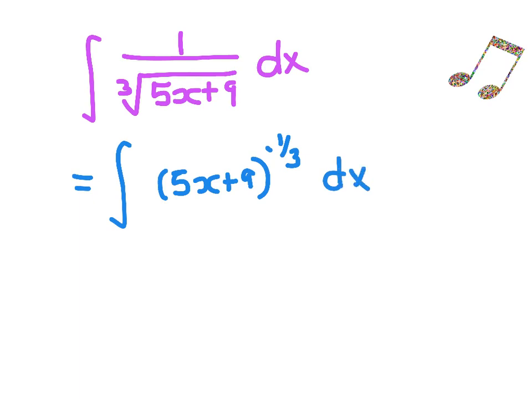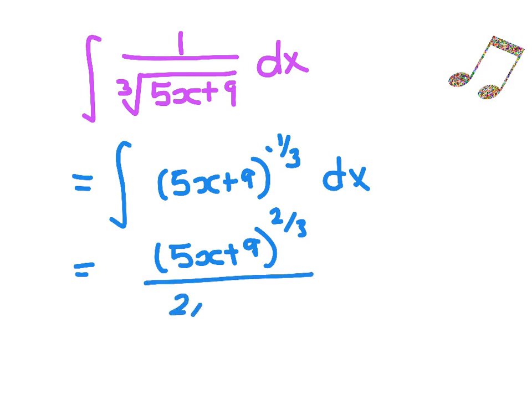Now I can integrate. So I'm keeping the bracket the same. I'm increasing the power by 1. Negative 1/3 plus 3/3 gives me 2/3. I'm going to divide by that new power. I'm looking for the derivative of what's inside the bracket. If I differentiate 5x plus 9, I'll get 5. That also goes on the bottom. Now I'm going to tidy this up.